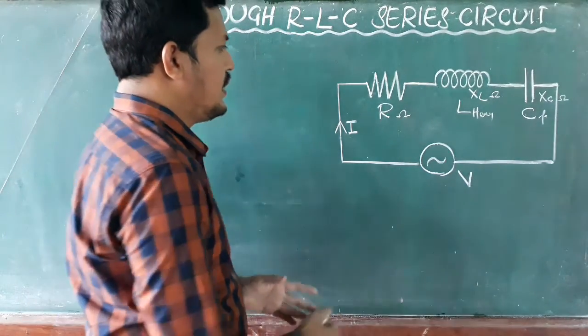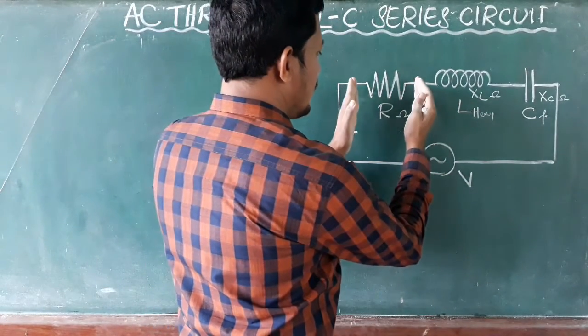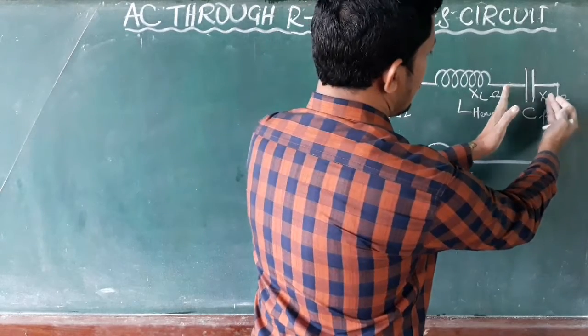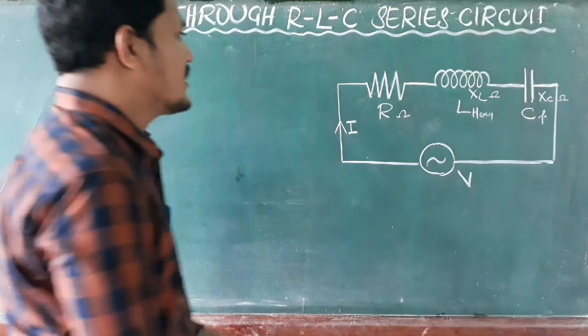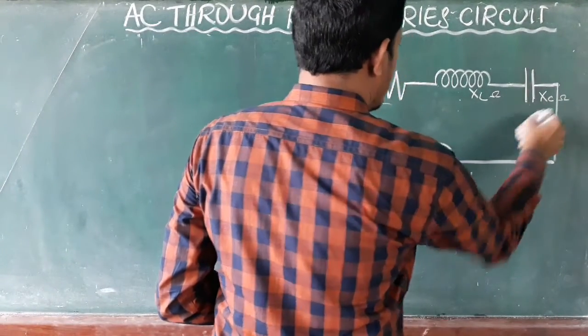Next, the applied voltage is V. Now we are going to find the voltage across the resistance, the voltage across the inductance, and the voltage across the capacitance.